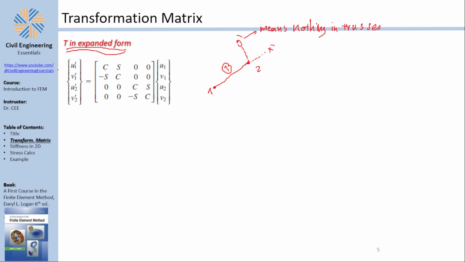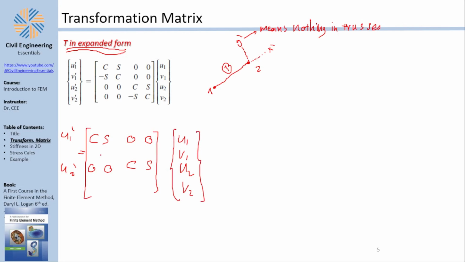So I expanded my matrix. It was C S 0 0, and it was also 0 0 C S. That was our T. And you had here U1 dash and U2 dash, and you had here U1, V1, U2, and V2. This was our old system, where I say the local equals the transformation multiplied by the global. But wait a minute, we want to expand this to become a square matrix.